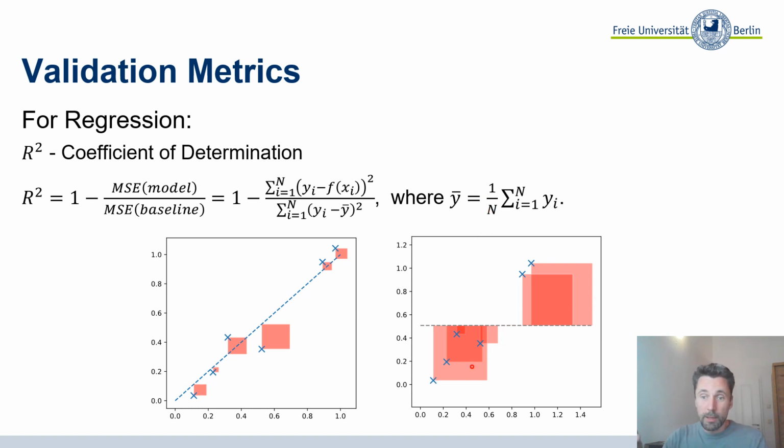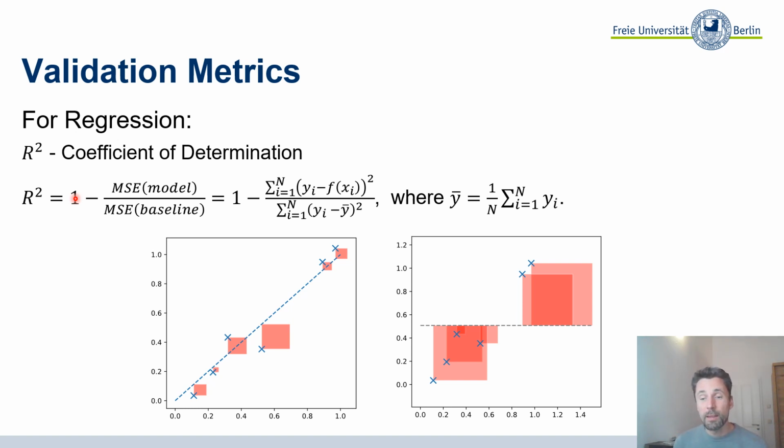So the mean of these squares here is much larger than the mean of these squares, and R squared is 1 minus, well, something small over something big, so that should be close to 1. So that's a good model.